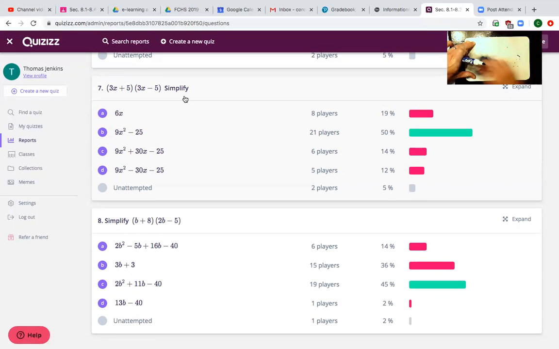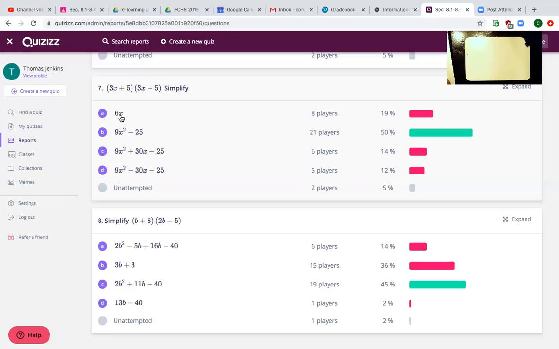And then the last problem was number 8. As you can see, a lot of people missed that one. The most common incorrect answer was 3b plus 3. I guess that goes right along with this distractor that a lot of people got. You were adding. If you do 3x plus 3x, you get 6x. 5 minus 5 is 0.